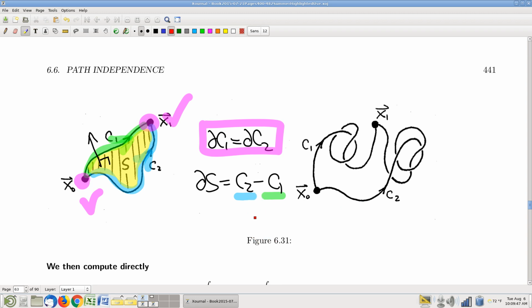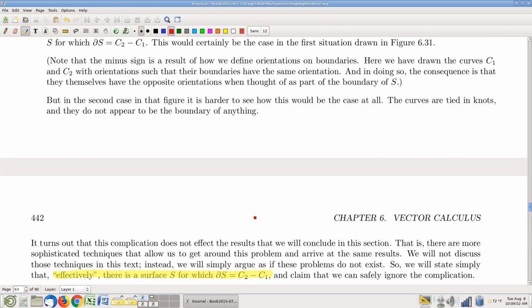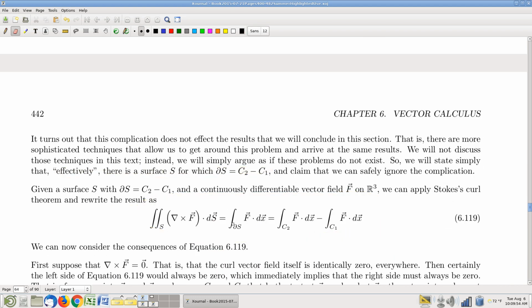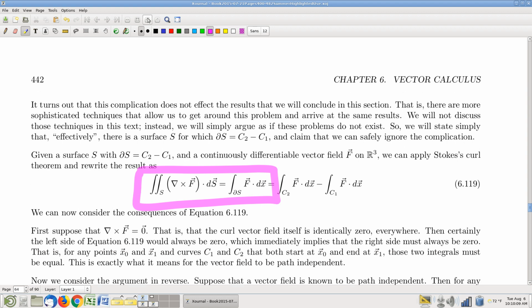Okay. All right. So now, having observed that, let's start writing stuff down. Let's consider this surface and its boundary curve, C2 minus C1. I'm going to write down Stokes' theorem. Here it is, perfectly innocent, just writing down Stokes' theorem as it applies to that surface and its boundary curve.